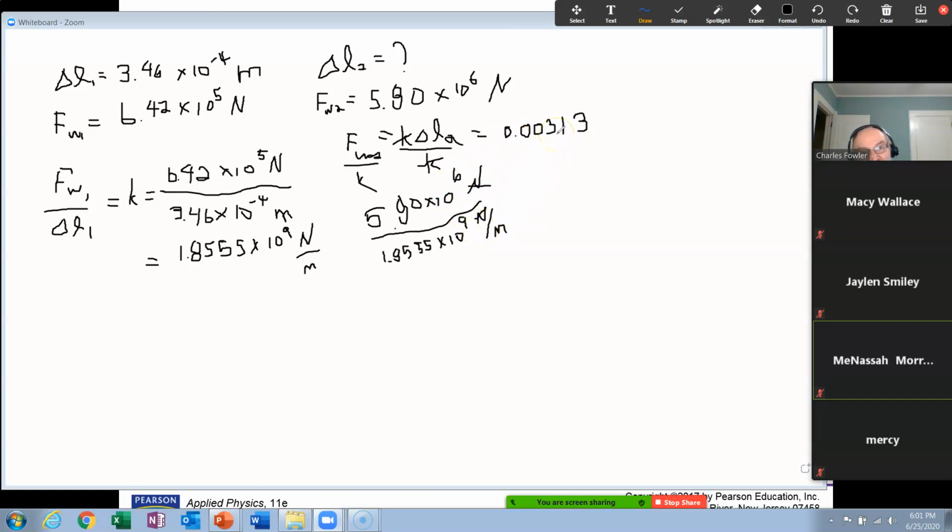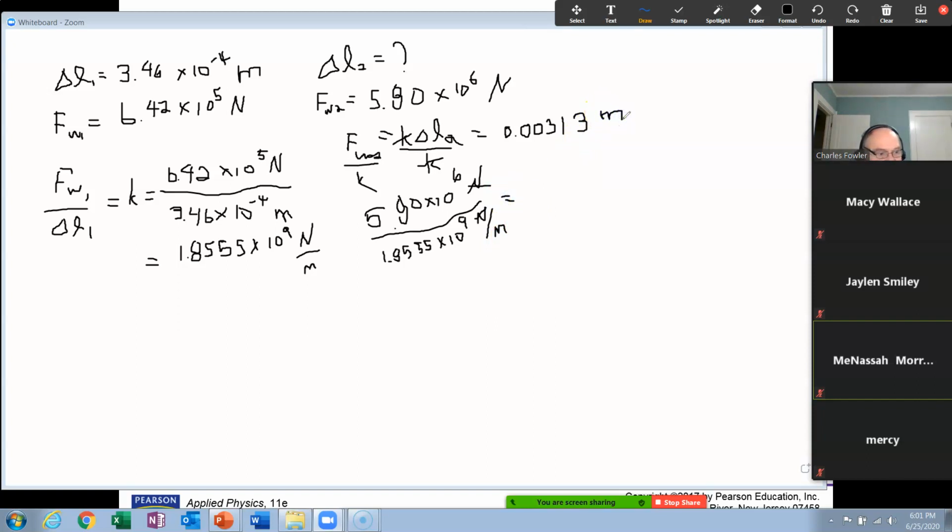Move it 3 places here. That would be 3.13 times 10 to the negative 3, and that would be meters. Okay? So this answer would be meters.